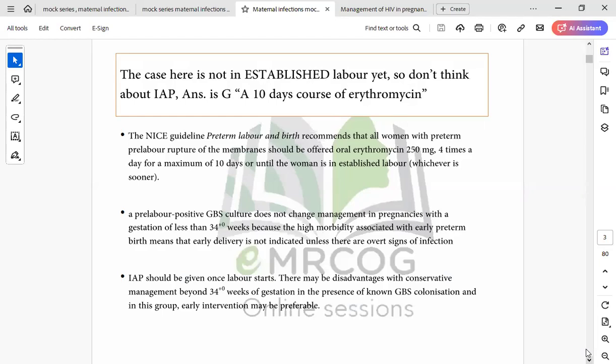And it's not about timing, guys. Okay, it's not about timing. We need to give her treatment of PPROM. This is what's important. I don't want this patient to have infection or the baby have infection.